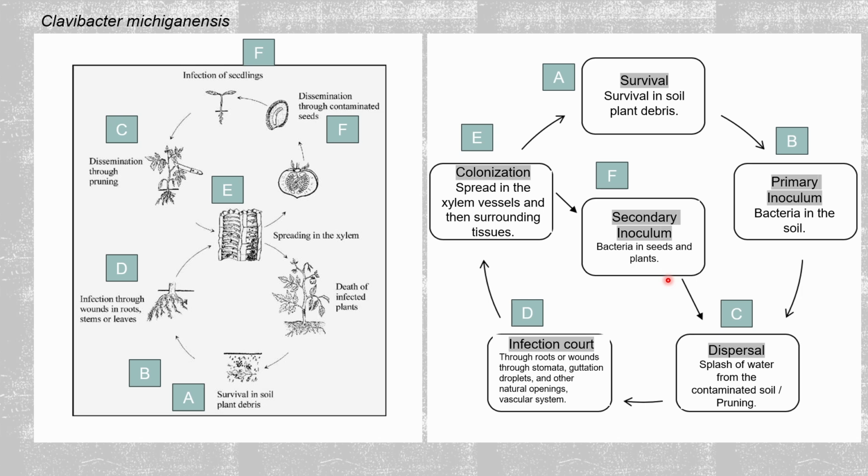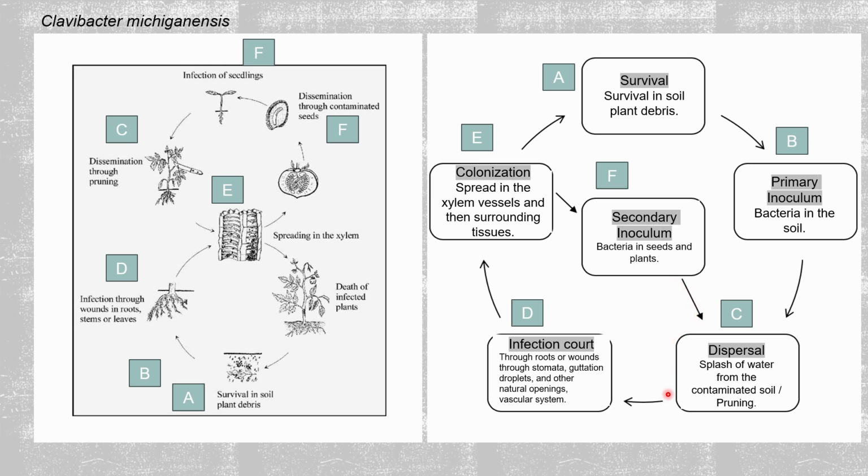So if we're doing this activity on a plant that is infected, we could use a scissor, start pruning this plant, and then move to another plant that is not infected, and we could start moving the bacterium from an infected plant to a healthy plant. So that's one way we can start moving the bacterium. And of course, also using infected seeds.